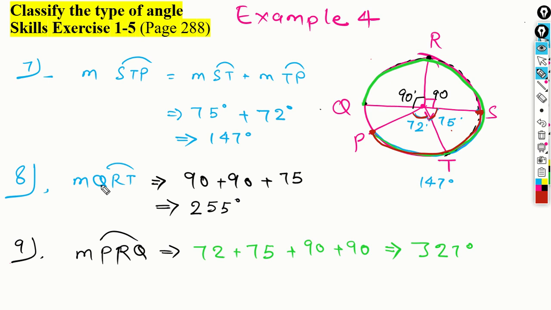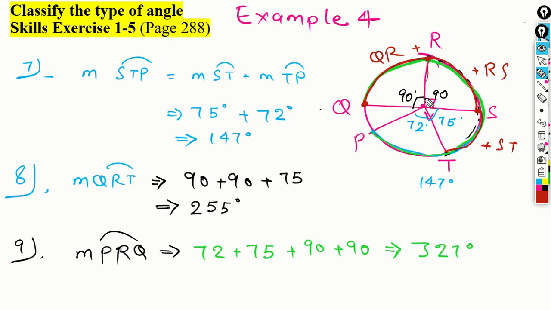Next, QRT. So Q here, R here, so QR plus RT, right? So plus RS plus ST. So this is a right angle.